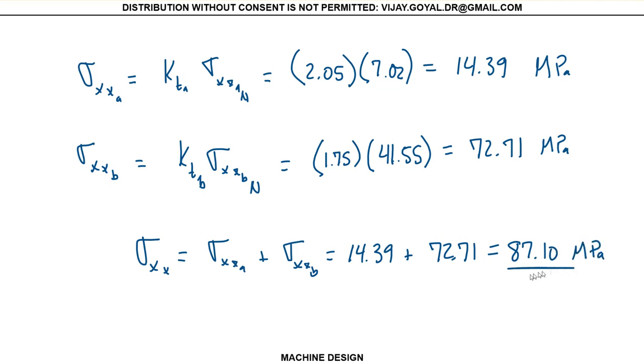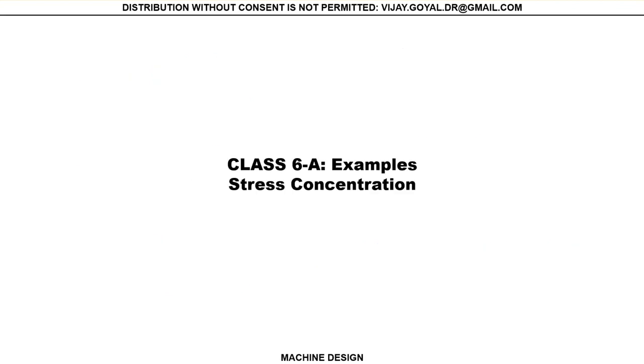So this is what would go in your state of stress for sigma xx. You have to pay attention that you are multiplying by the stress concentration factor before, these are the modified values, and you have to do that before you add them to your state of stress. Okay, this concludes the two examples.